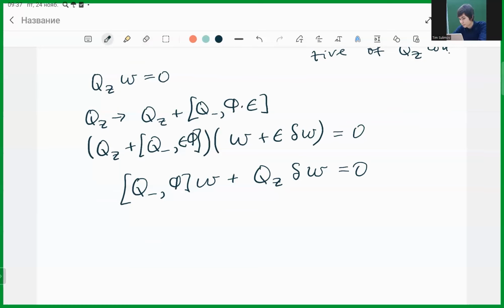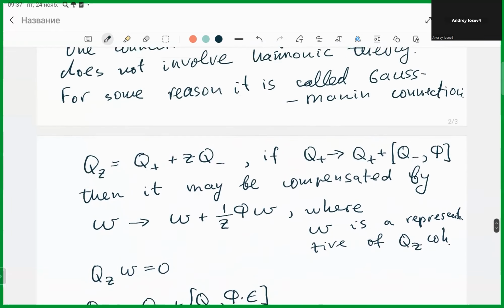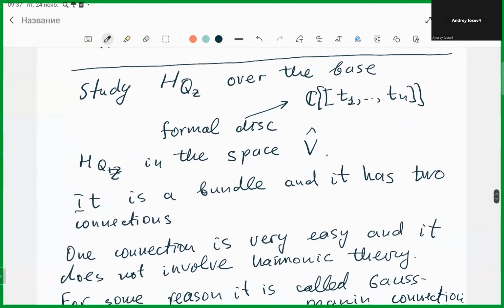If we use a parameter epsilon, then perhaps we can even look at odd phi's as examples of deformations, right? Yes, in principle. But in the example studied here, phi's would be even. So we are changing W.